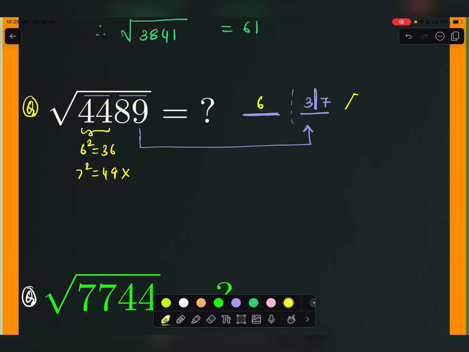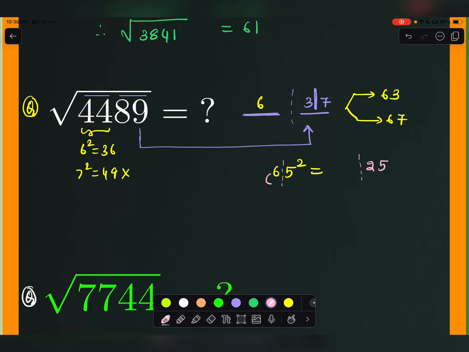But the rightmost part has two possibilities here. It is 63 and 67 also, right? So I need to eliminate one and take the square of a number which lies in between 63 and 67. So I can consider 65. Now any number that ends with 5, its square value we know always ends with 25. That is clear.